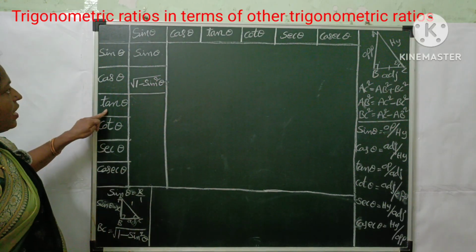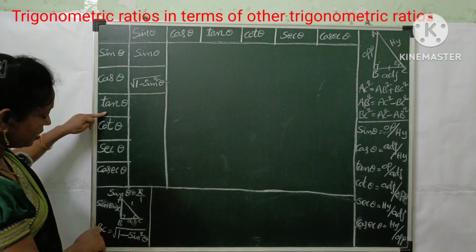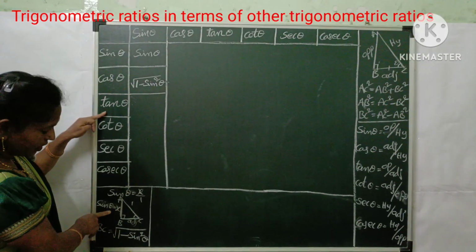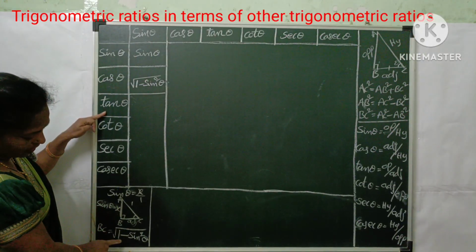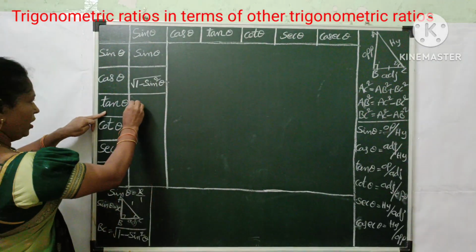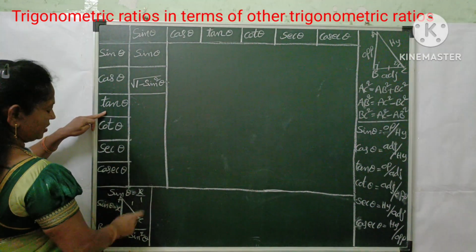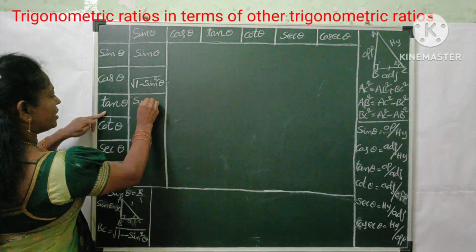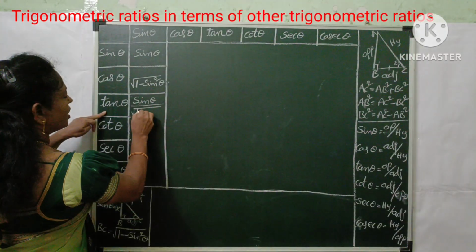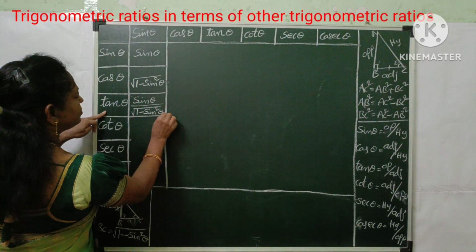Next, tan theta in terms of sine. Tan theta is opposite by adjacent. Opposite is sine theta, adjacent is the square root of 1 minus sine square theta.